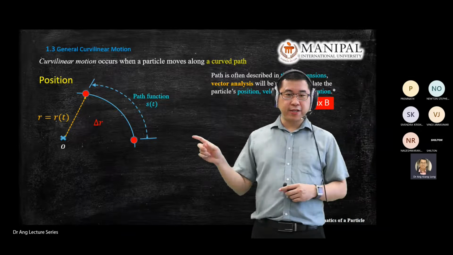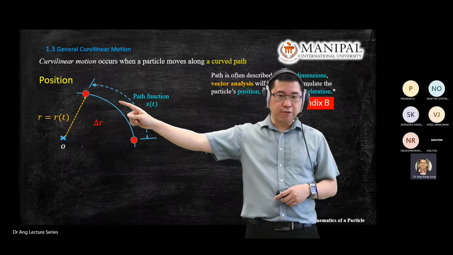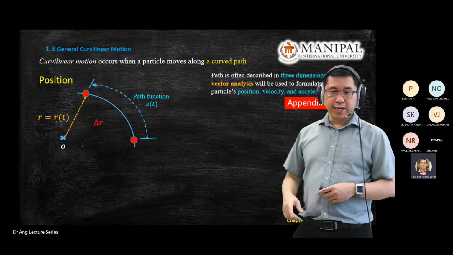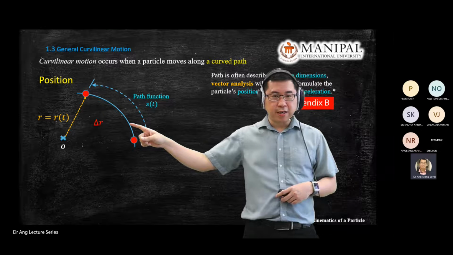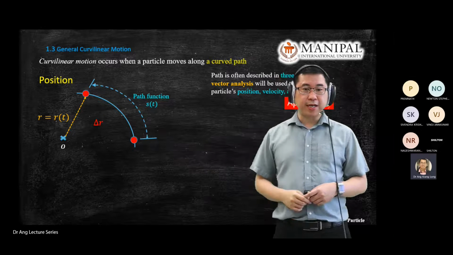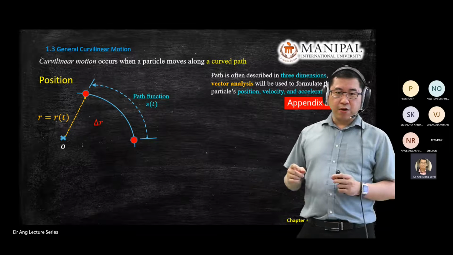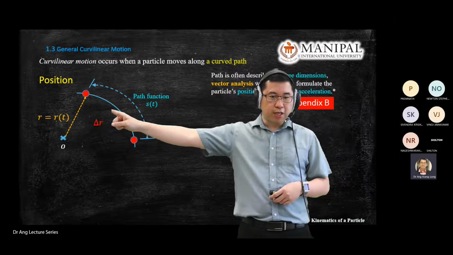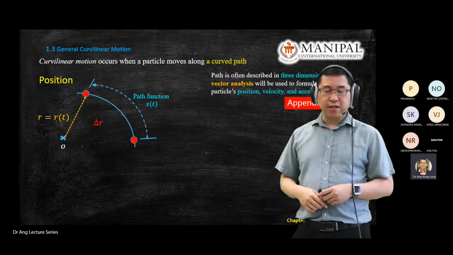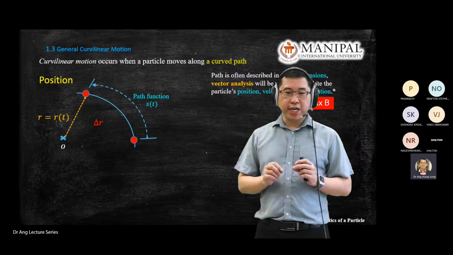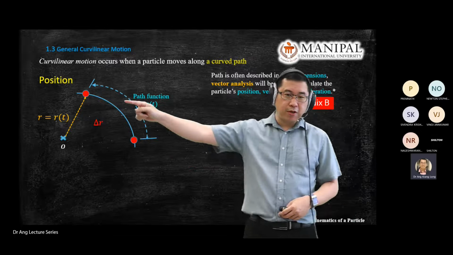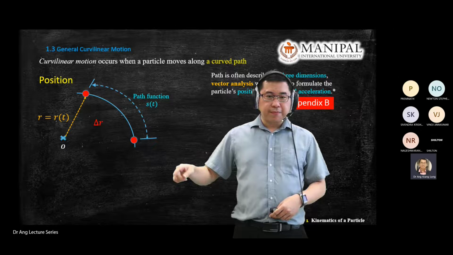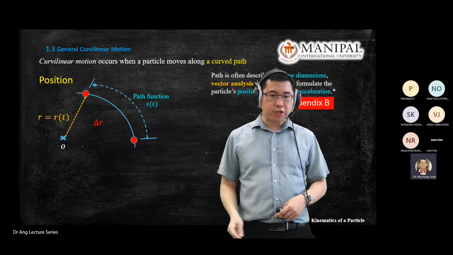Radius is the distance from the outer circle to the center of the circle. In this case, we use the more familiar notation r, which represents the radius of the circle, right? So r is also a function of t, you see the bracket of t, meaning it will change according to time. From the red dot on the top of the circle to the bottom, the time will change.